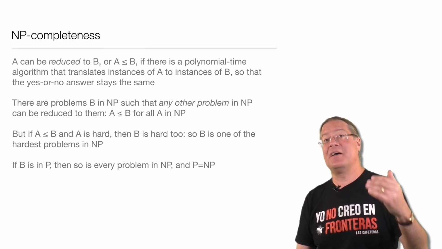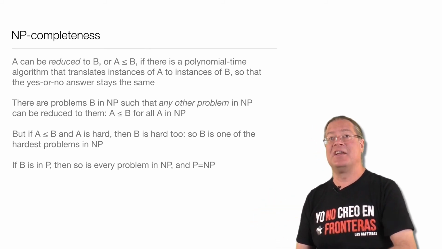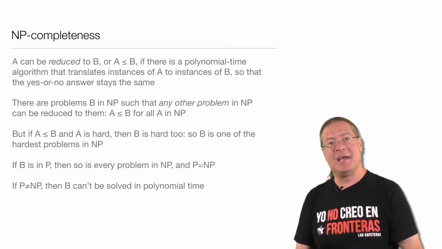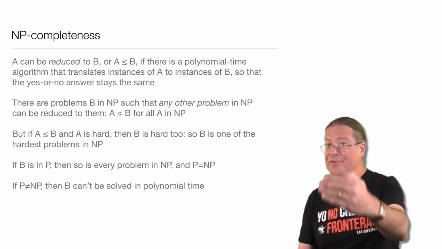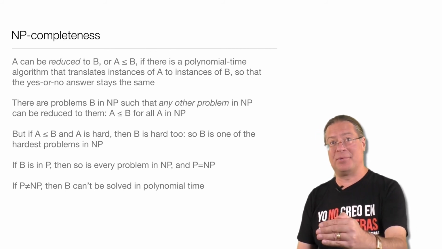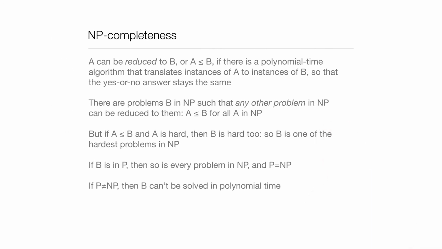But that would mean that P equals NP, and that anything which can be checked is also easy to find. Turning that around, if P and NP are different, if indeed there are problems in NP which cannot be solved in polynomial time, then in particular, any NP-complete problem cannot be solved in polynomial time.